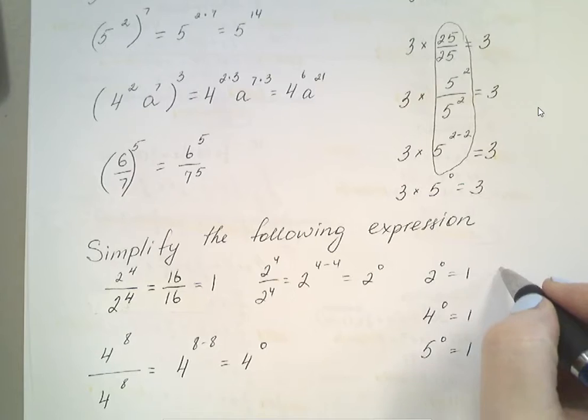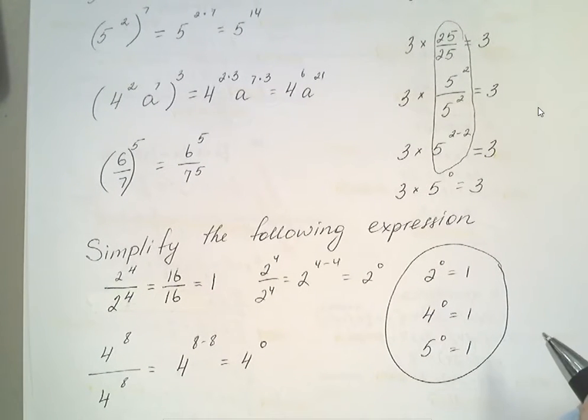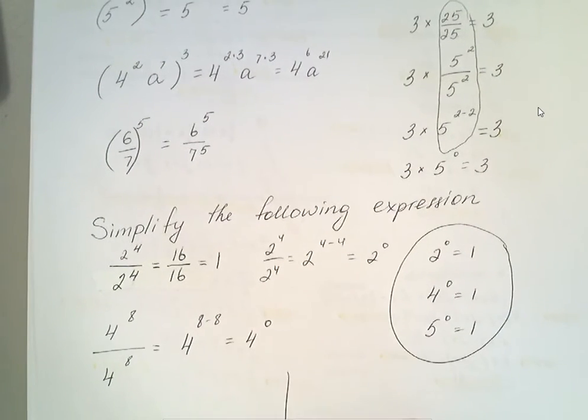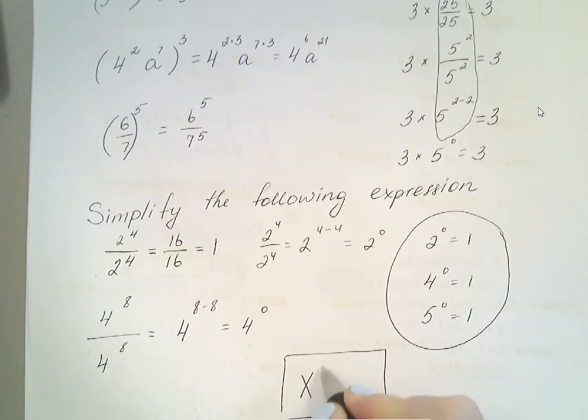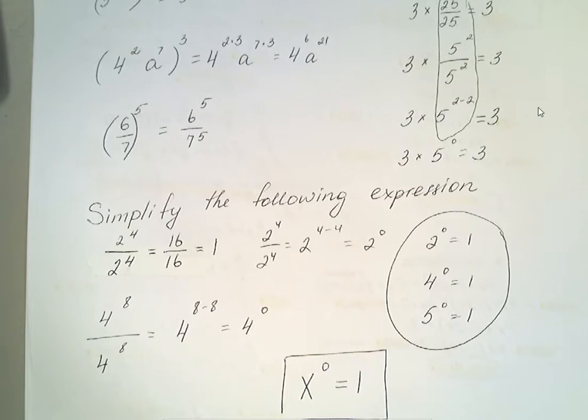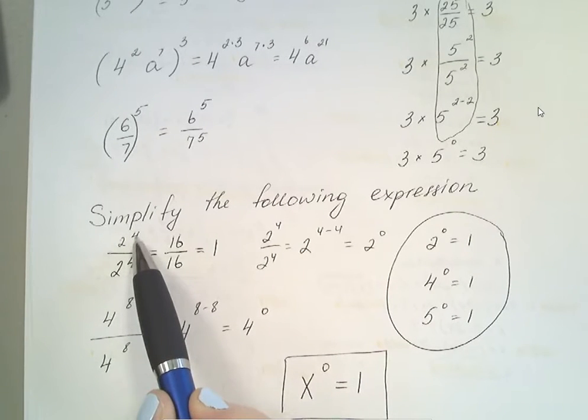If I'm looking at all of these examples, I can conclude that any number to the 0th power is one whole. Any number, here's my rule, any number to the 0th power is one whole. So again, it doesn't matter what number I'm going to raise to a power.